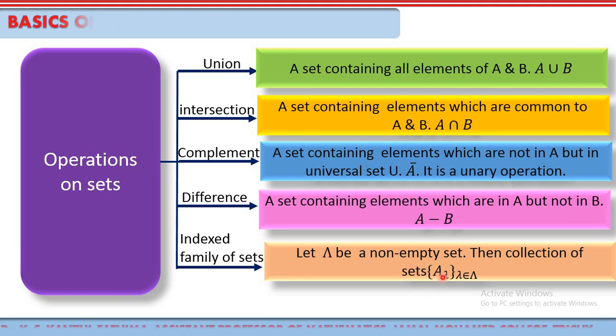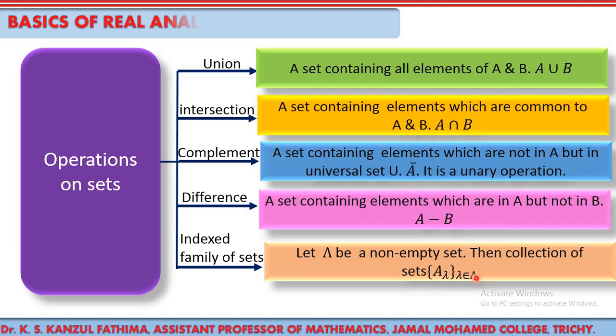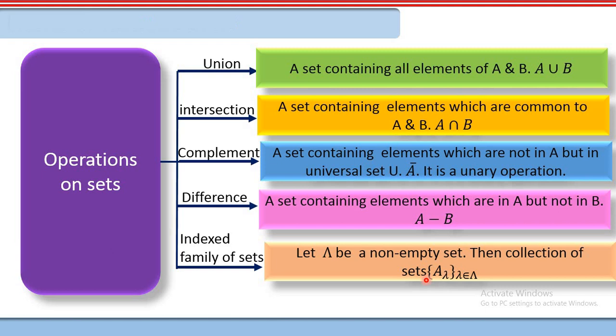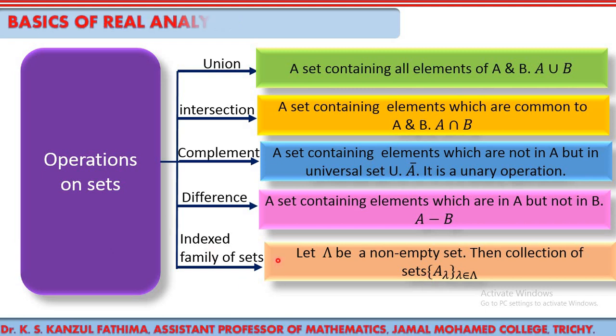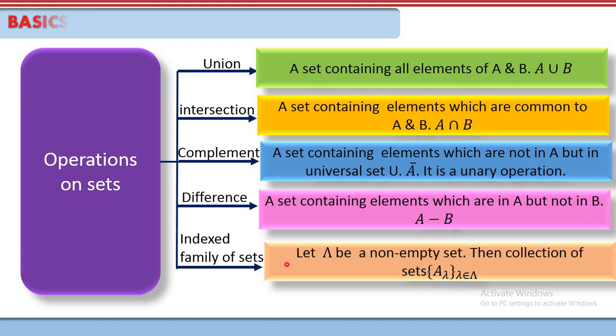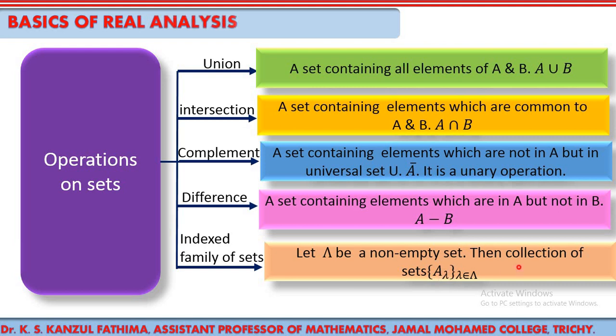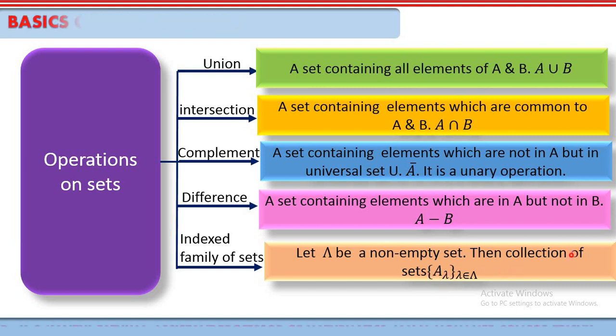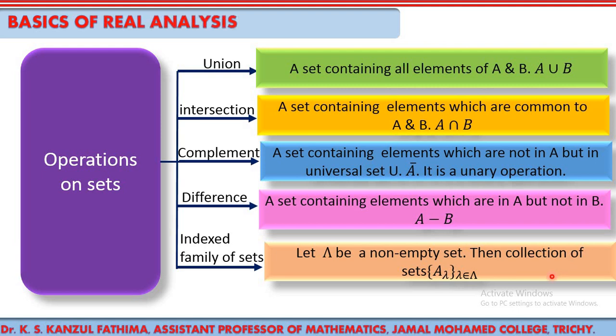Because the collection A1, A2, etc. are indexed by the set delta, this collection is said to be an indexed family of sets. This collection is infinite, that is A1, A2, etc. up to infinity.